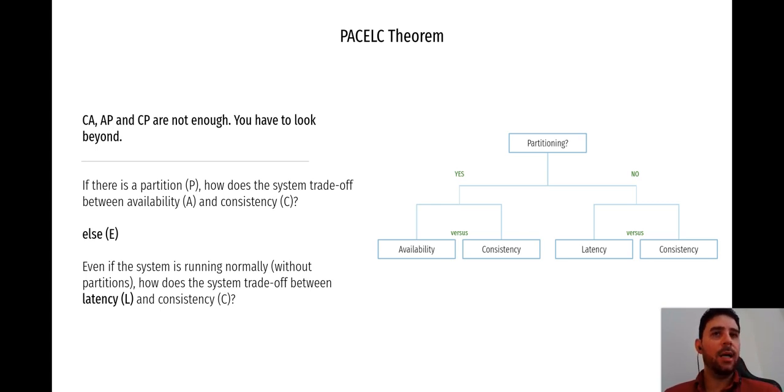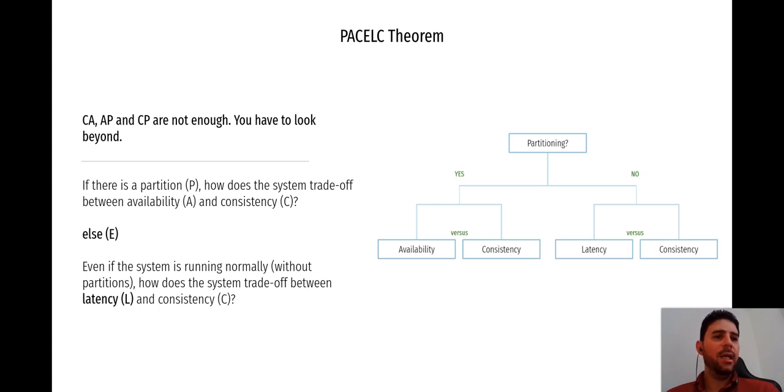because if the system is partitioned, is it available? That's a question. And if it's available, is the data in a consistent state? Maybe not, so I have to consider that. Going in another direction, let's suppose the system is running normally, everything works fine, so it's not partitioned, so the answer is no. But what about latency?